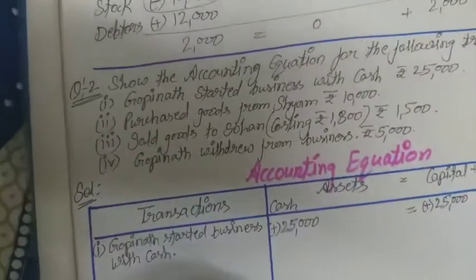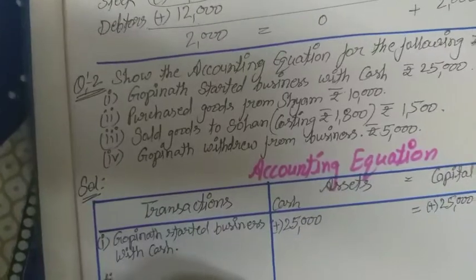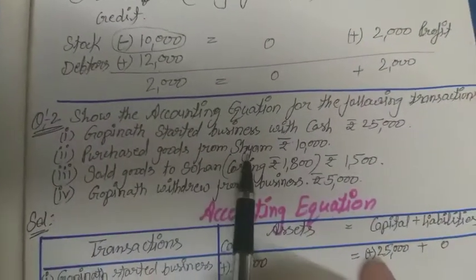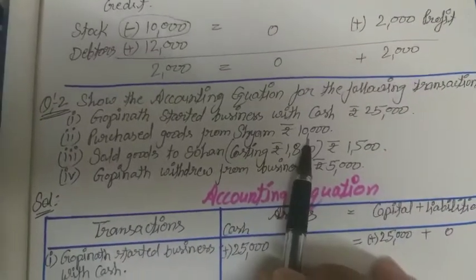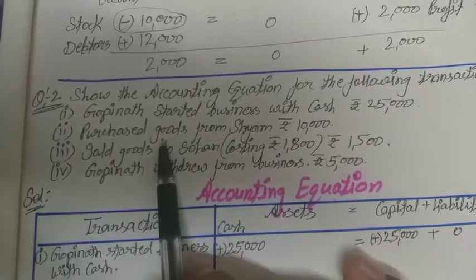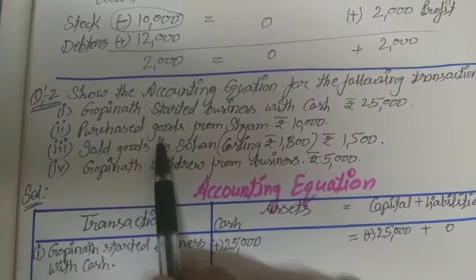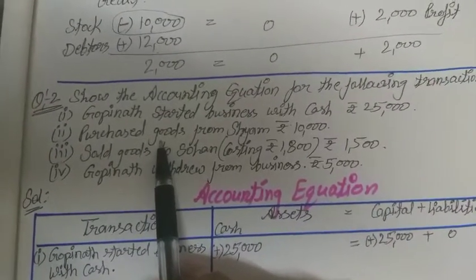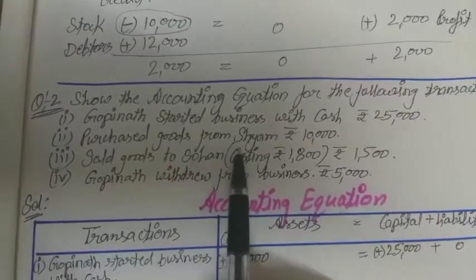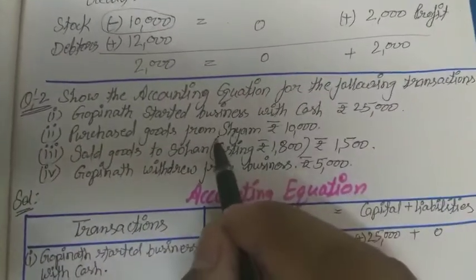Then second transaction: purchased goods from Sham rupees 10,000. This transaction does not show whether the goods were purchased with cash or on credit. Nothing is there, only the name is there.